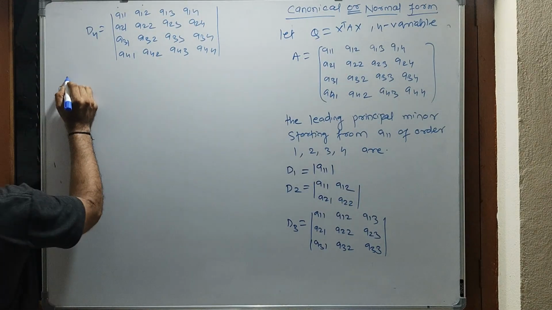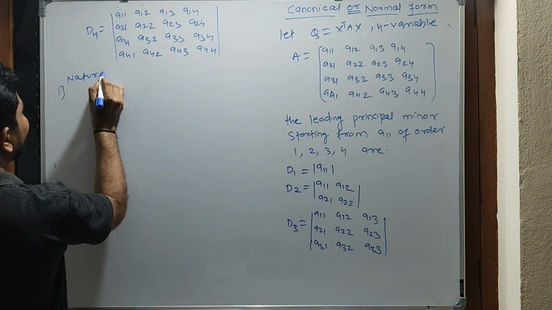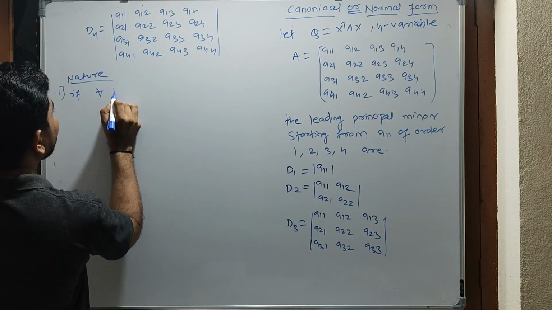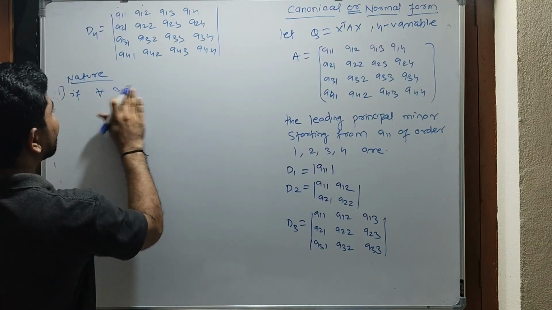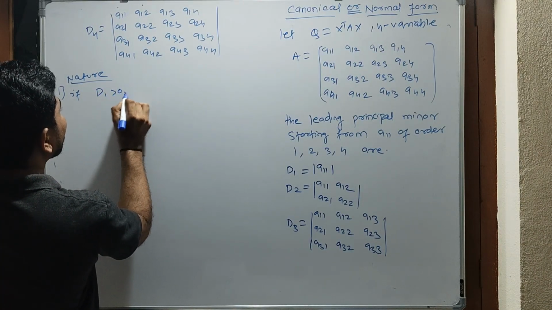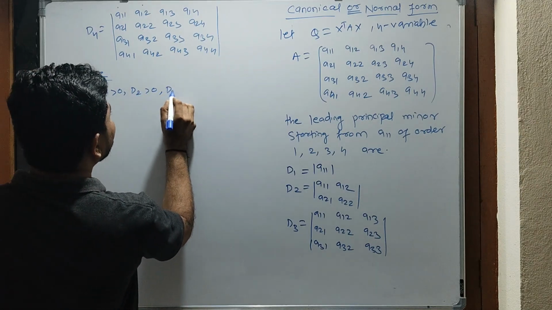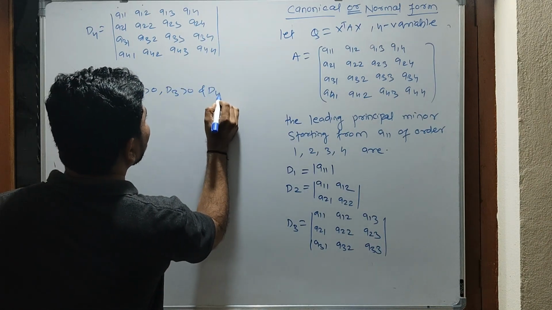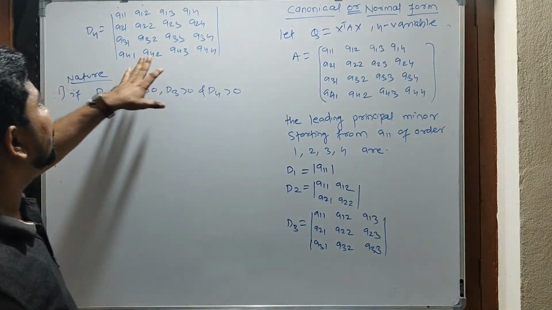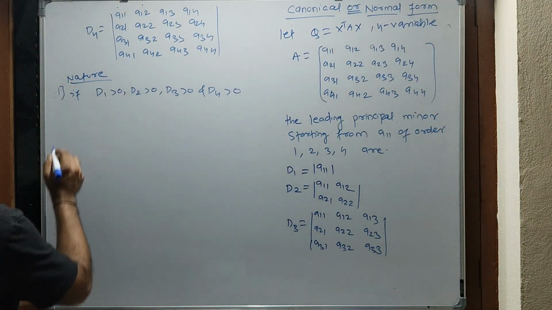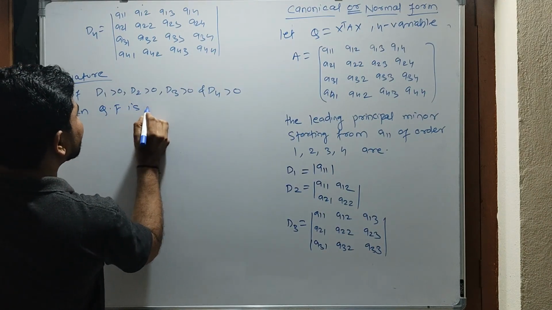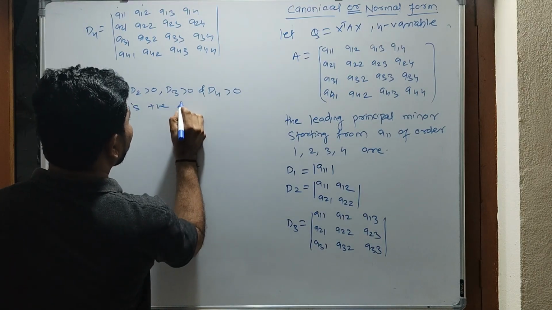So nature. First, if all the di are positive, that is if D1 is positive, D2 is positive, D3 is positive, and D4 is positive, then the quadratic form is positive definite.